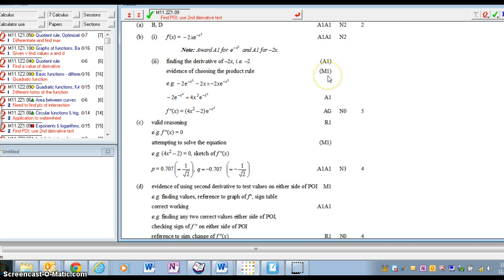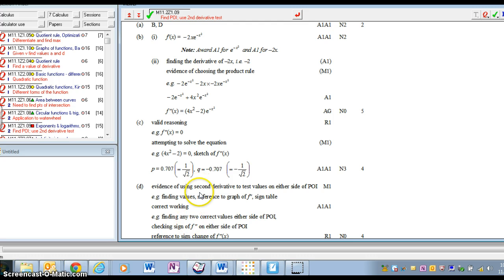And then here we had a method point, which would be choosing the product rule, worth 1 point. There are also reasoning points, so you have to show valid reasoning. You would have to show the second derivative equal to 0, and then the method would be attempting to solve the equation.